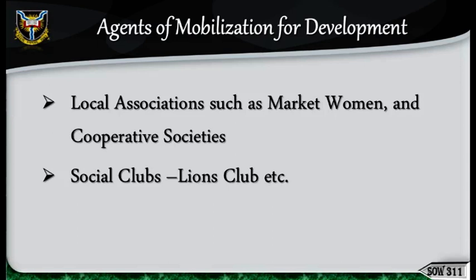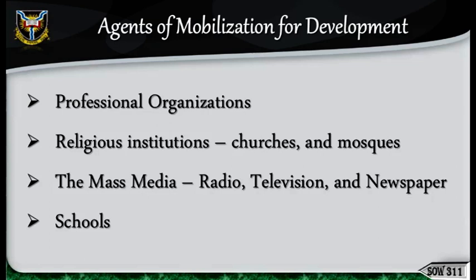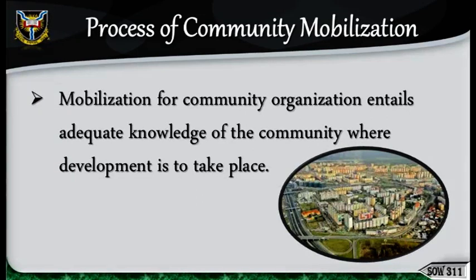Local associations such as market women and cooperative societies. 8. Social clubs like Lion Club, etc. 9. Professional organizations. 10. Religious institutions like churches and mosques. 11. The mass media, that is radio, television, and newspaper. 12. Schools.